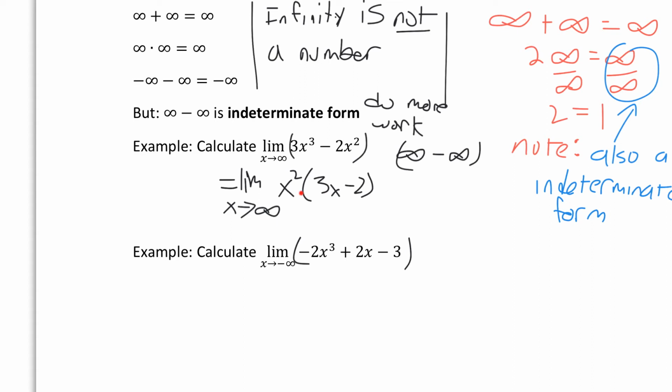So this is technically infinity times infinity, which is just equal to infinity. There you go. So the correct answer for this is not infinity minus infinity, it's actually infinity, which is really weird because you might have thought infinity minus infinity was going to be 0. But in fact, in this case, infinity minus infinity was still infinity.